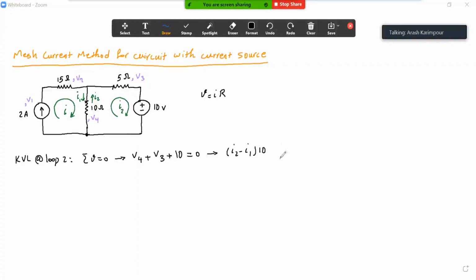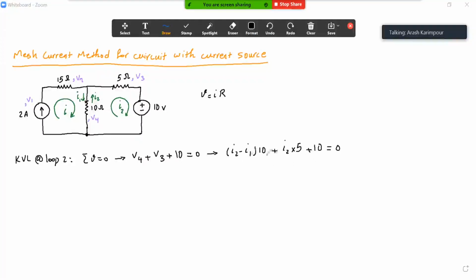For V3, I have I2 times 5, since R is 5, and then plus 10 is equal to 0.